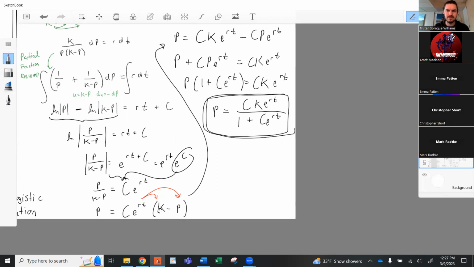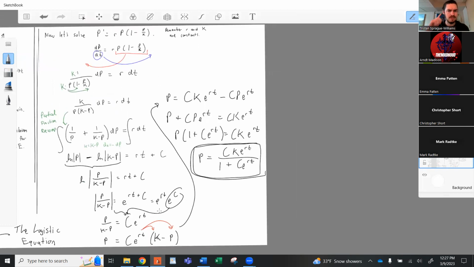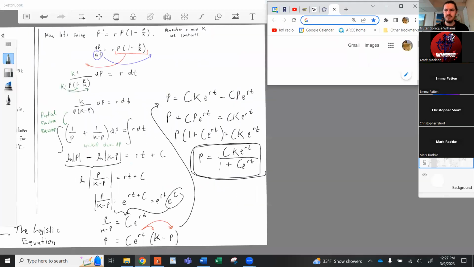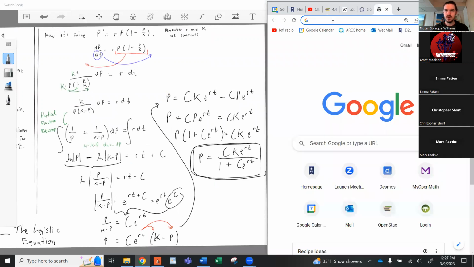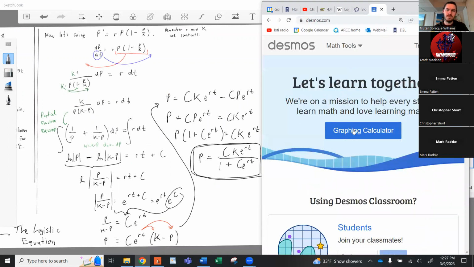So now let's pause. We did all this fancy separable differential equation solving, right? So now let's get into Desmos or something and just make sure that it works. What parameters do I have here?